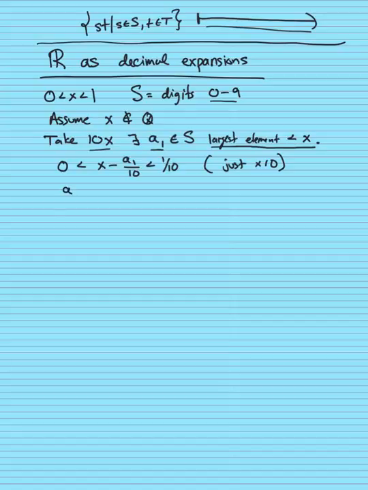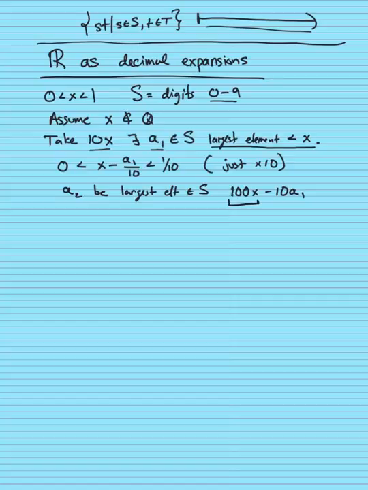Okay, so now we do the exact same thing. Okay, so let A2, well, essentially the exact same thing, be the largest element of S which is less than 100X minus 10 times A1. Okay, so what you should be thinking of is that, well, say 100X is somewhere between 0 and 100.